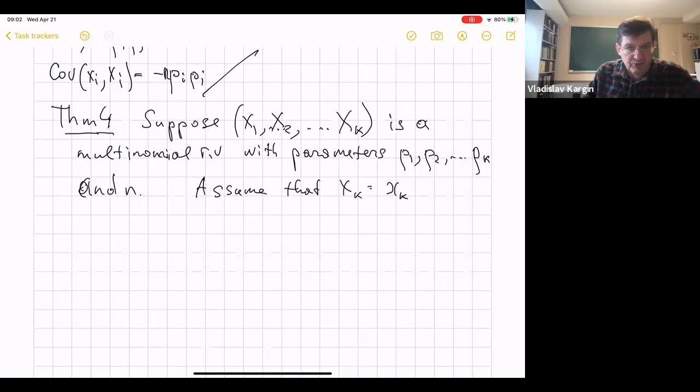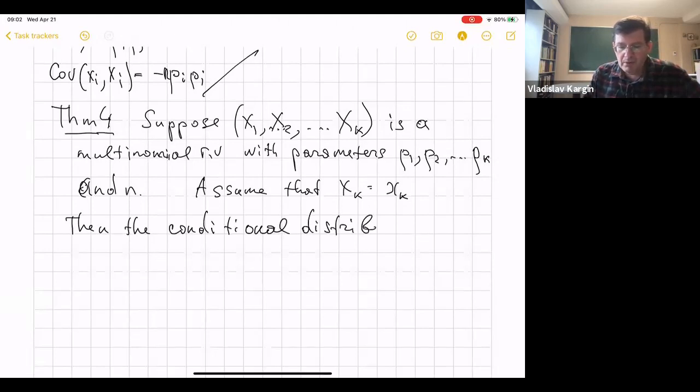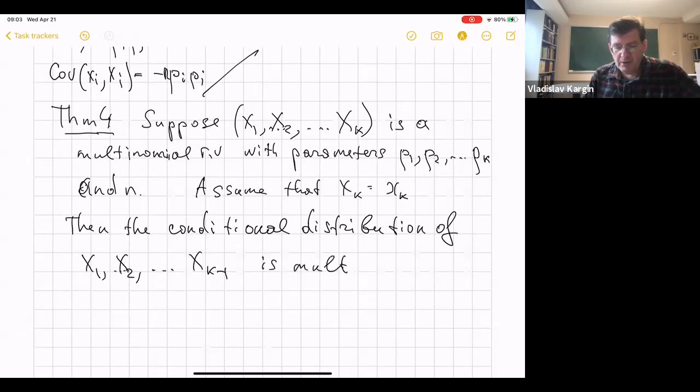And it turns out that in this case you know that the conditional distribution of the remaining counts is also multinomial. So then the conditional distribution of x1, x2, ..., xk minus 1, those that you don't know, is also multinomial, but you need to say what the parameters of this thing are.